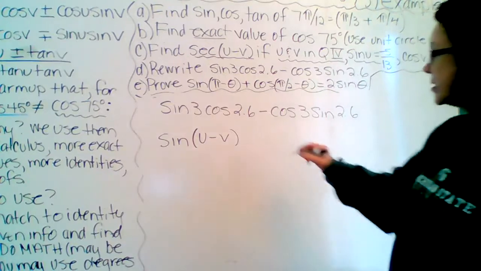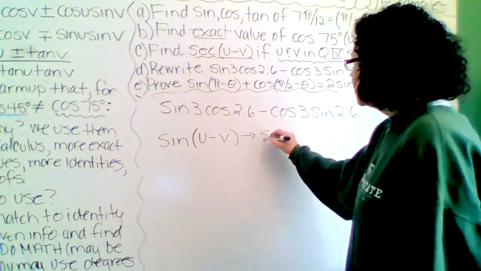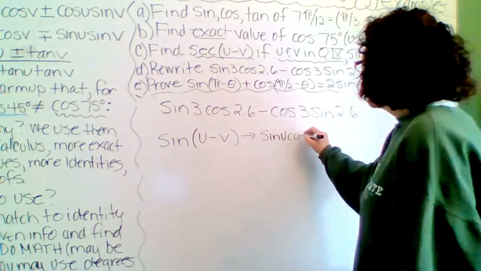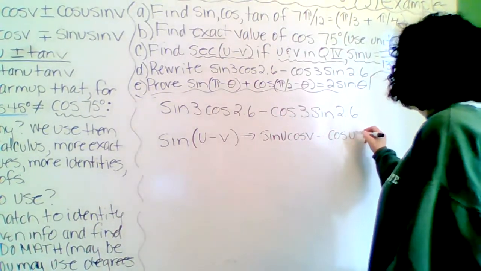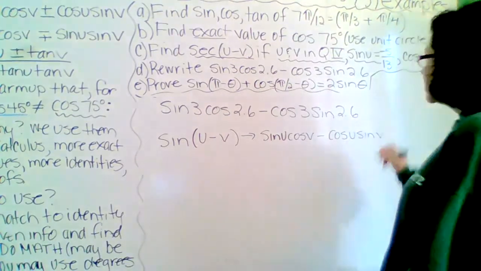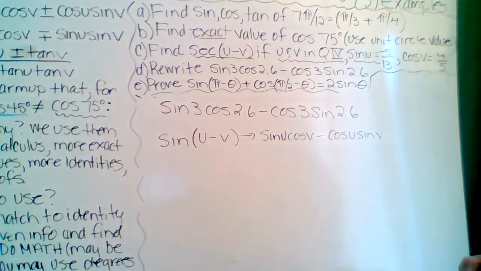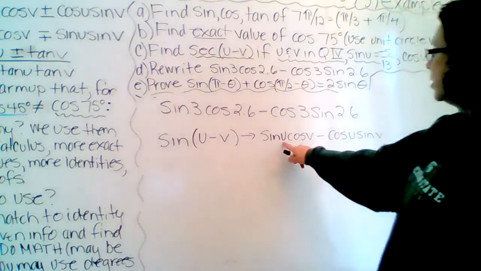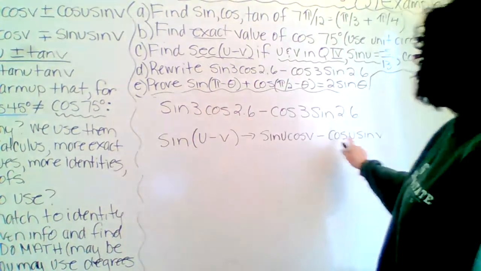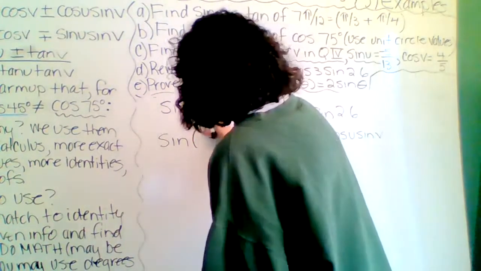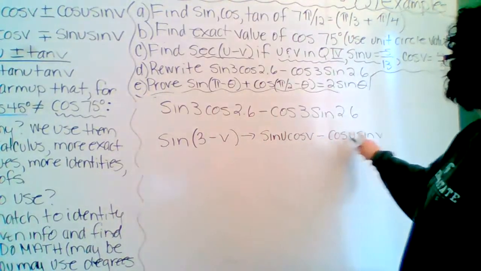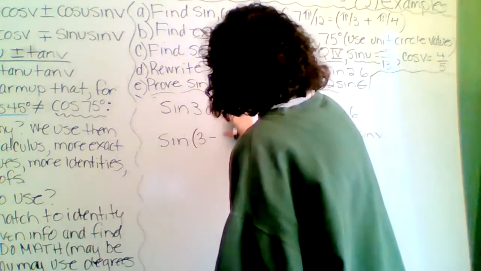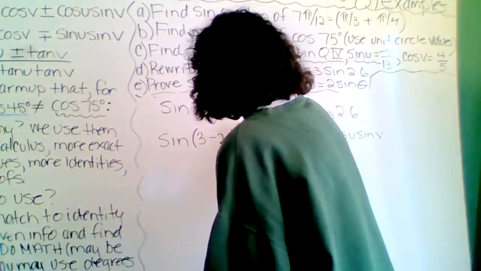This formula, let's write it out, is sine of U cosine of V minus cosine of U sine of V. So when you take a look here, our U must be 3, and our V must be 2.6. There we go.